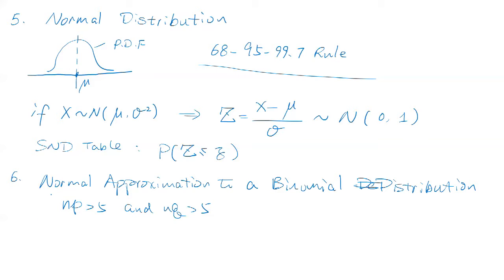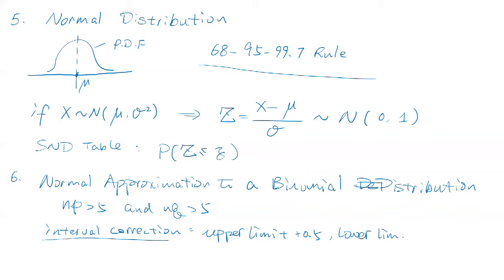Okay. If you want to use the approximation, remember you have to use the interval correction in the calculation process, which means the upper limit plus 0.5 and the lower limit minus 0.5. So these are basically what we have learned in Unit 2.